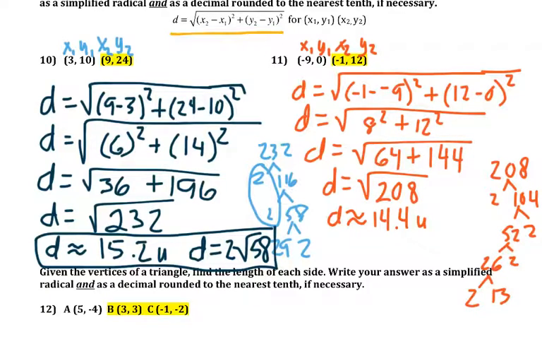So now we're just going to look at what pairs we have. Okay, so we have 1, 2, 3, 4 2's. And so we're going to pull out 2 pairs of 2's, which will give us 4 square root 13. So the distance is exactly 4 square root 13 units.